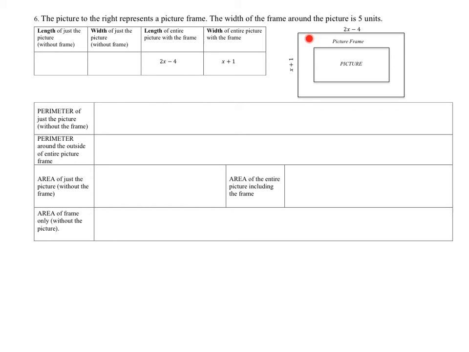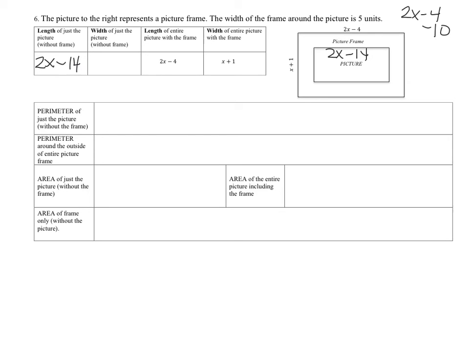So I'm taking away 5 from this side, and another 5 from this side, so I'm taking away a total of 10. So I'm taking that 2x minus 4, and I'm subtracting 10. So that's going to give me 2x minus 14 here. So the length of just the picture without the frame is going to be 2x minus 14, because we're taking away that 5 units from both sides.